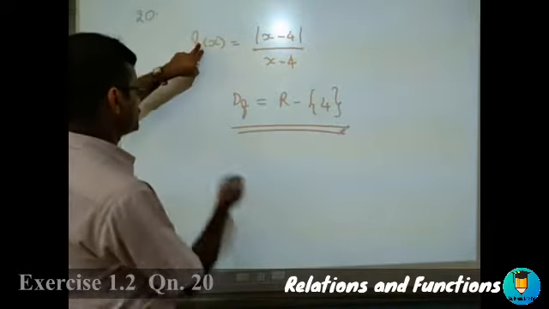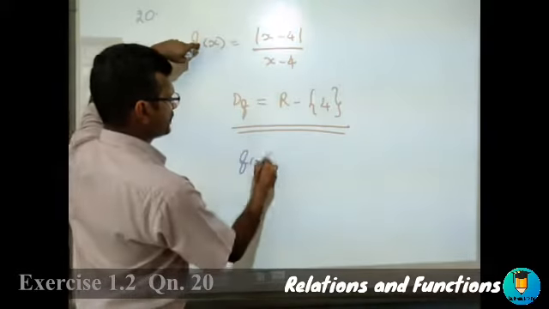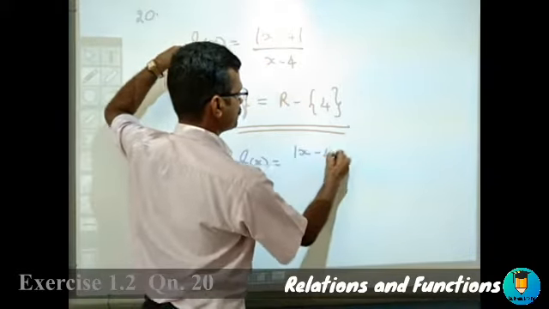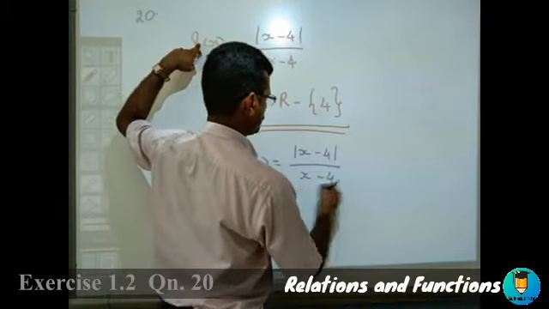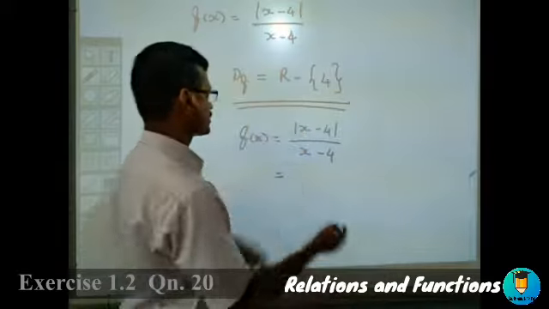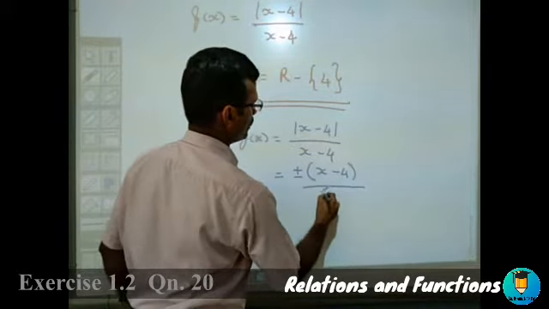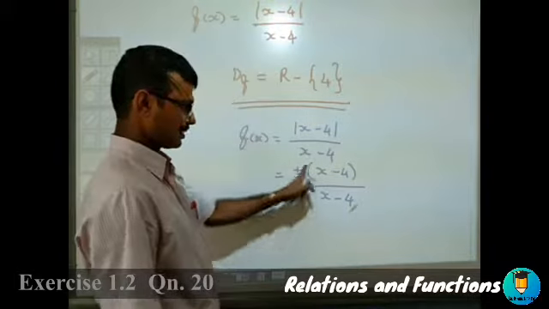For range, this f(x) I can simplify. f(x) is equal to mod x minus 4 by x minus 4. If I remove modulus, I can write plus minus (x minus 4) by (x minus 4).